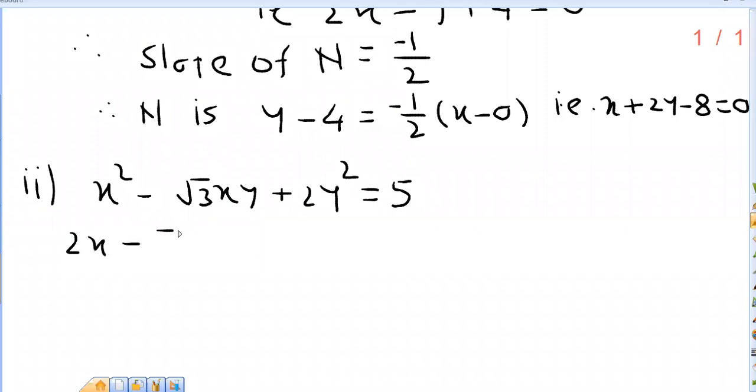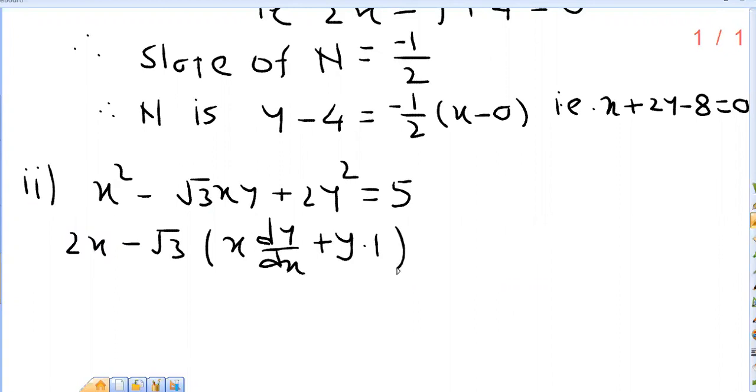So 2x minus root 3 into what? What is the derivative of xy? x dy/dx plus y into the derivative of x, which is 1, plus 2. What is the derivative of y square? It is 2y dy/dx. What is the derivative of 5? 0. Now you have to solve this equation for dy/dx.